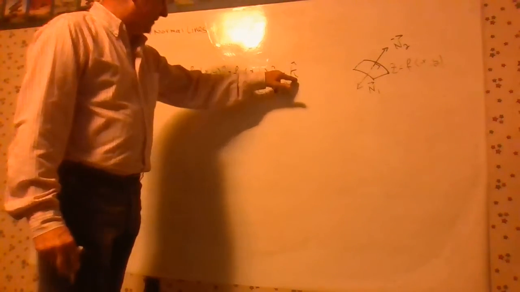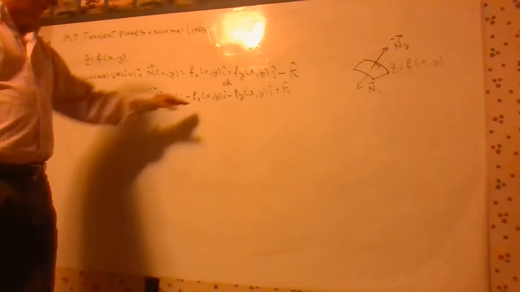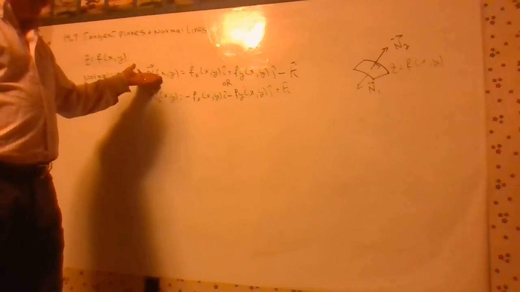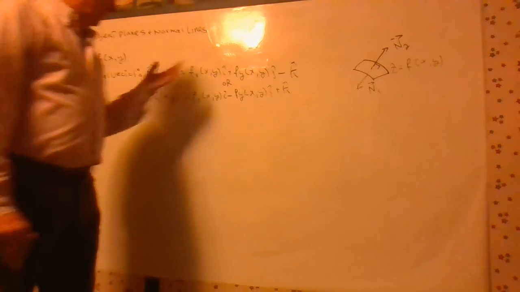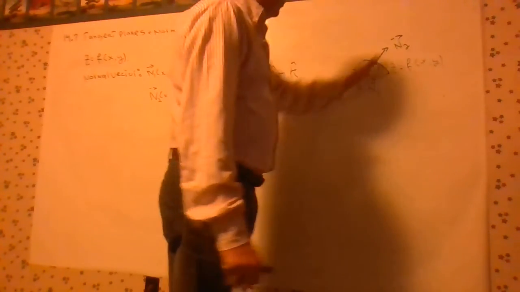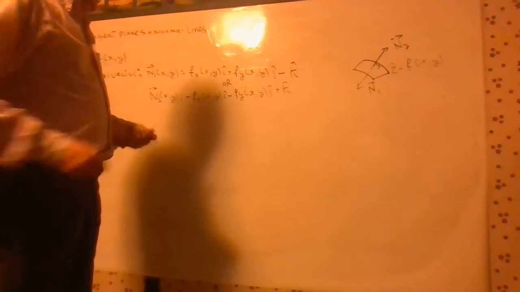We could have fxi plus fyj minus k, or we could have negative fxi minus fyj plus k. And if you look, n2 is just the negative of n1. And plus k means it's pointing upward, so that's why n2 points upward. And negative k means we have a decrease in elevation, so n1 would be a downward normal vector.